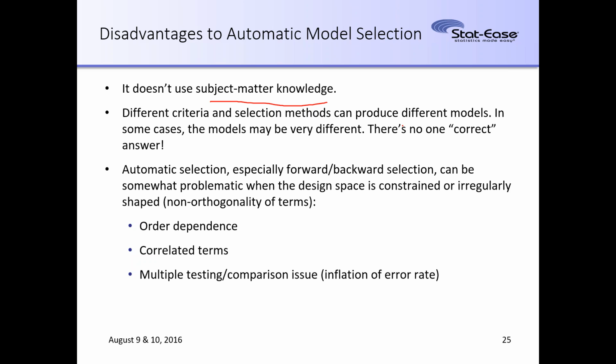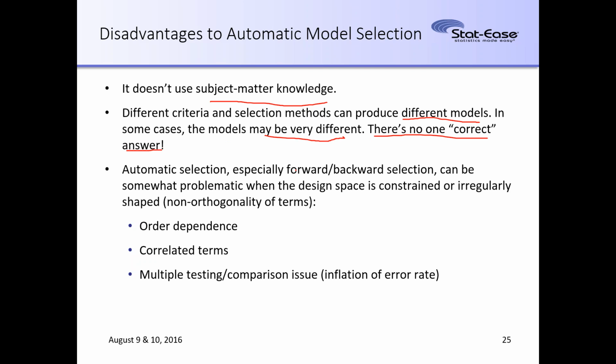That's on the subject matter expert to do. Different criteria and different methods can produce different models. Now, that didn't happen in the previous example, but we'll see where doing a forward selection and doing a backward selection end up giving you different models. What do you do? And in some cases, the models may be very different. There's no one correct answer in most situations.